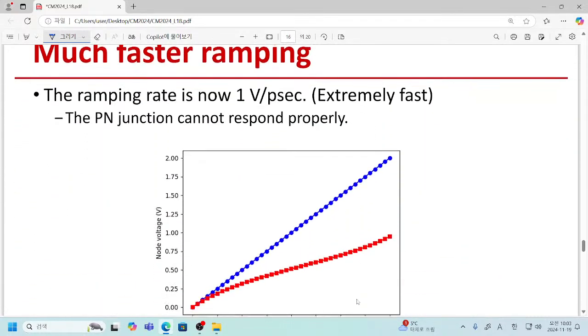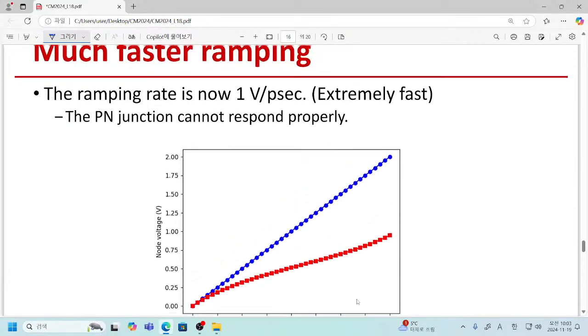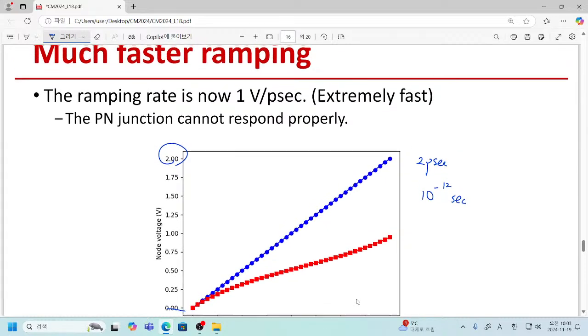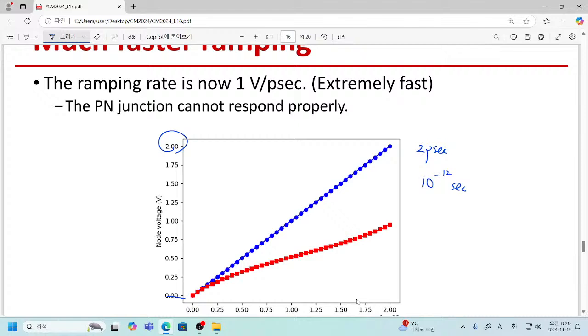However, if we increase our input signal from 0 to 2 volts within 2 picoseconds. Wow, picosecond corresponds to 10 to the minus 12 second. So which is much faster. Oh, well, 10 to the 12 times faster than the previous case.